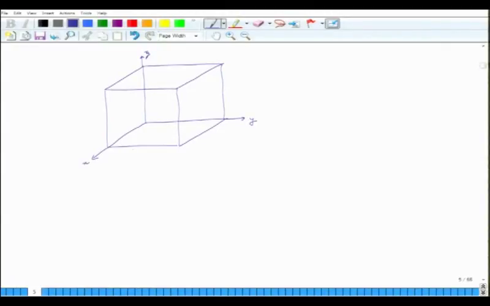Now let us say I would want to draw a plane here. Let us say this is the plane, or let me just draw it in green. This is the one. This is a unit cell whose intercepts we will find.